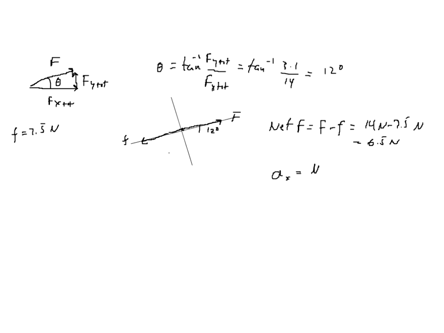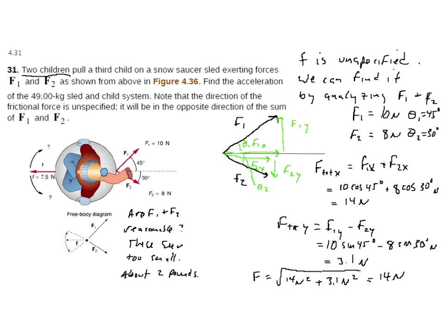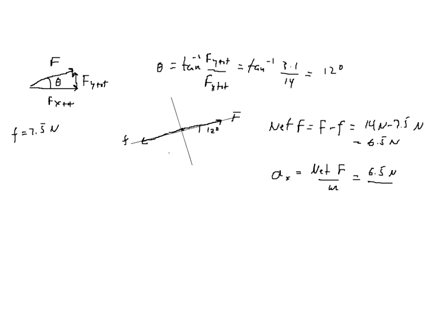So the acceleration, which is all in the x direction, equals net force over mass. So 6.5 newtons divided by the mass of the kid, which was 49 kilograms, 49.00. Sometimes this book makes some things really precise, 4 significant digits here, but then these only have 1 significant digit. So I'm just going with 2.